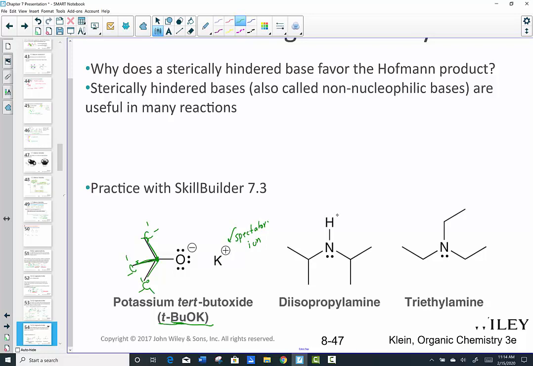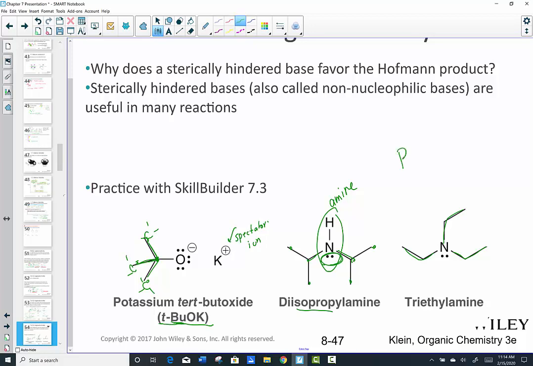Diisopropylamine. So this is the amine functional group. And if 2 of those substitutions are isopropyls, that's that 3 carbon unit here, diisopropylamine, that's a big bulky base, isn't it? Here are the nitrogen electrons that are going to act as the base. And you could even have triethylamine, around the nitrogen's 3 bonds are ethyl groups. That would qualify also as a big bulky base.